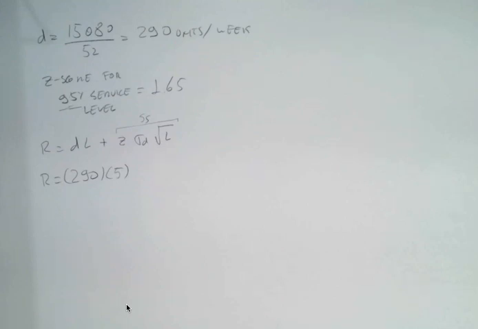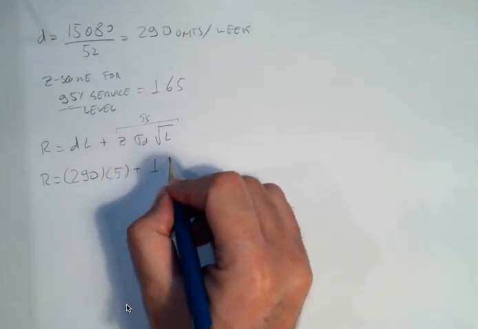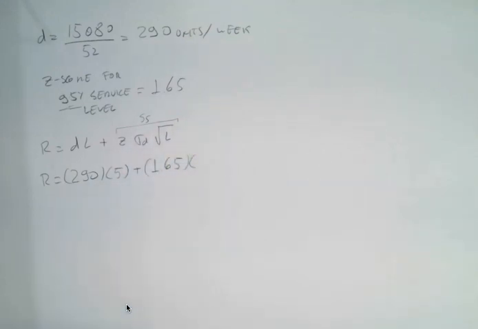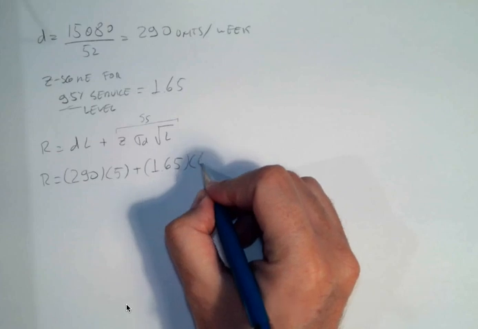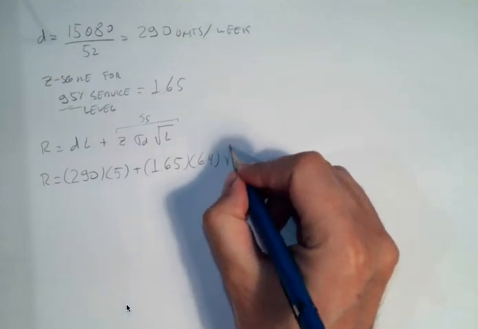We have that from the problem, plus 1.65, so that's our z-score. We multiply that by 64 because that's the standard deviation for the problem, and times square root of 5, and 5 is the lead time.